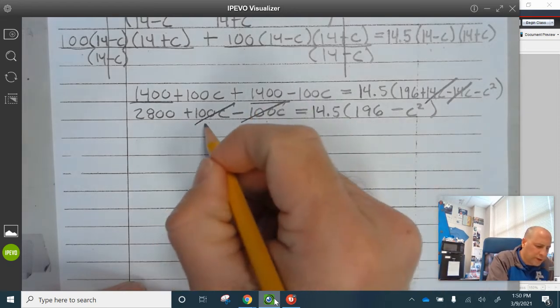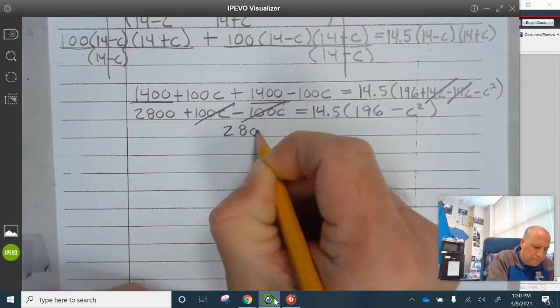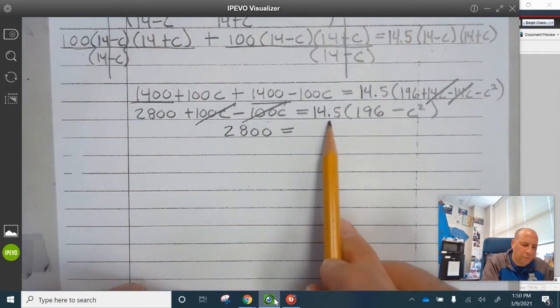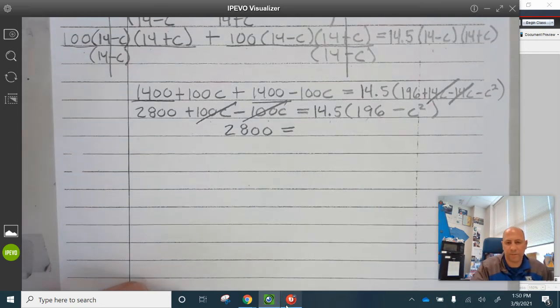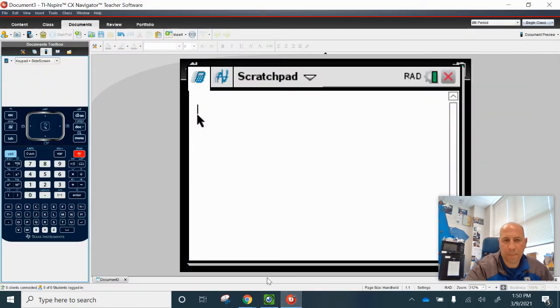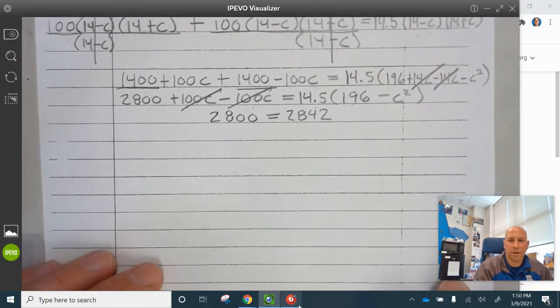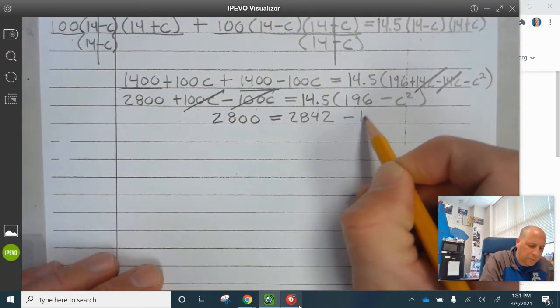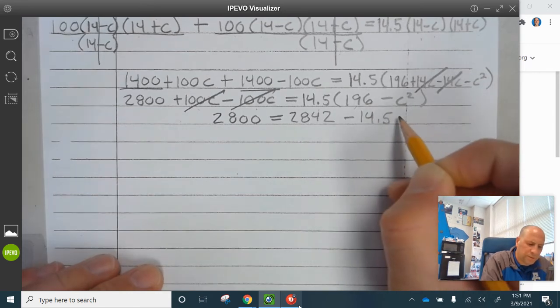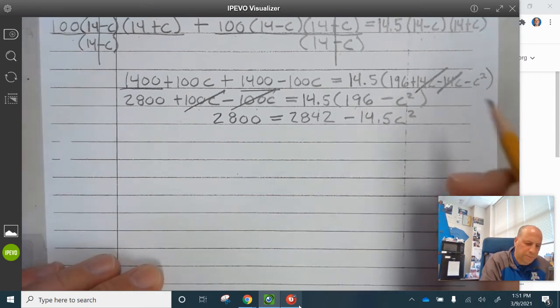So we're left with 2800 equals, let's multiply 14.5 times 196, which is 2,842, and then minus 14.5 c squared.